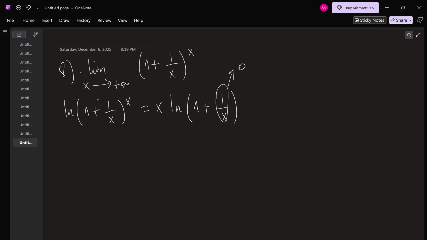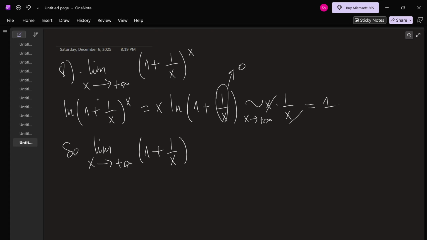And as x goes to plus infinity, this is going to 0, so this will approach x times 1 over x, so this will cancel with this. What remains is 1. Hence the limit as x goes to plus infinity of (1 plus 1 over x) to the power x is simply going to exponential 1. Okay?